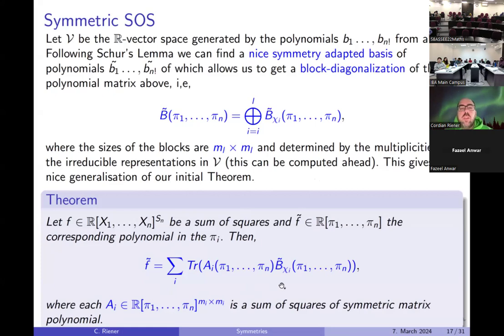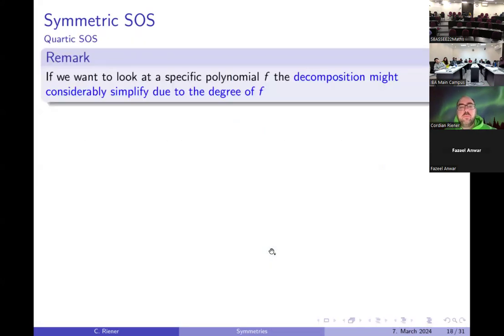This looks maybe a little bit horrible because suddenly there are matrices involved, but once you take the trace and so on, it's actually just a polynomial identity again, right? This is just a very convenient way of writing this construction, which is why I kept it. But in the end, it's just a condition on symmetric polynomials that you can explicitly write down in the same way as we wrote down the first conditions for the two variables case.